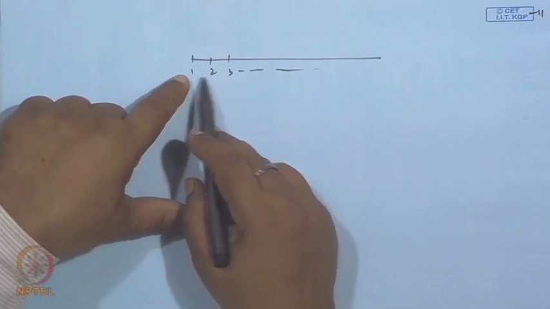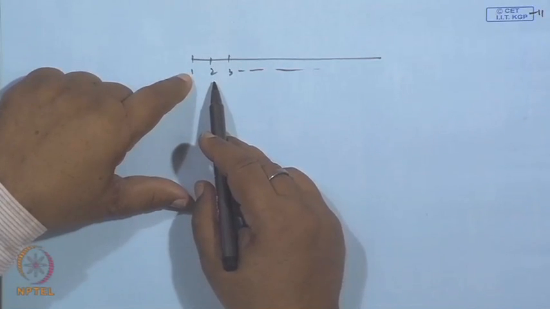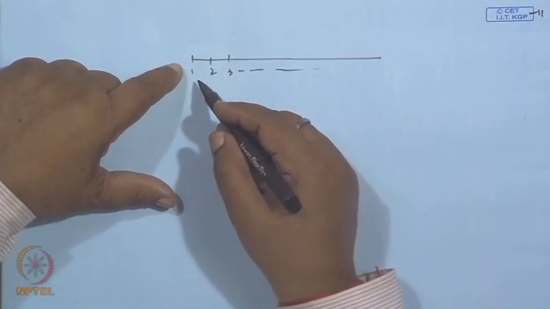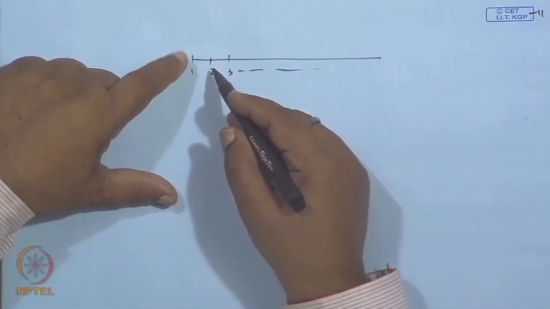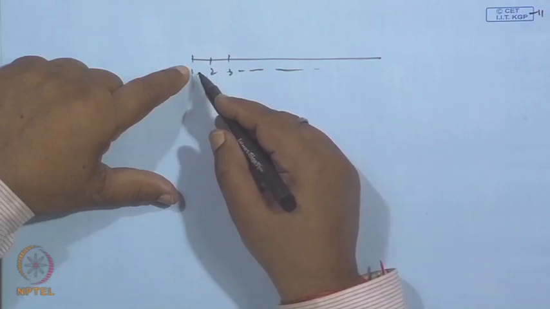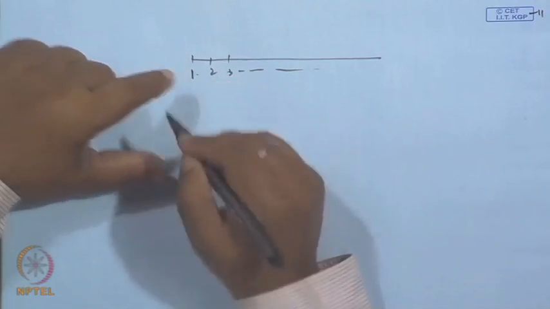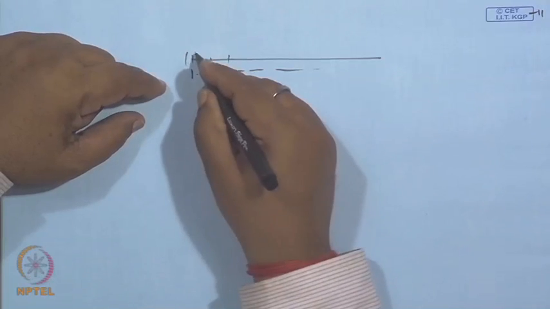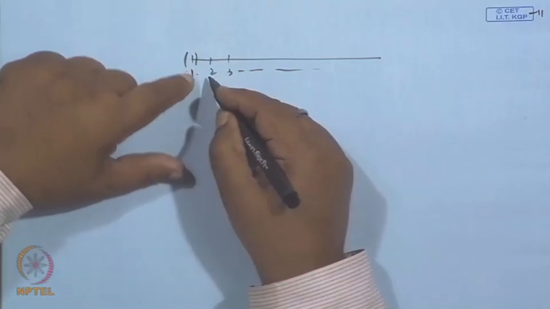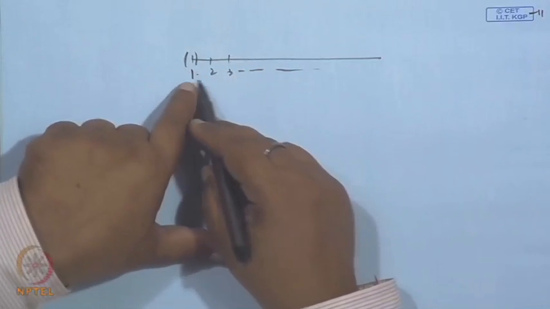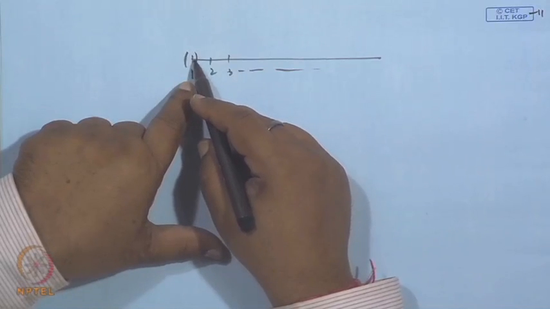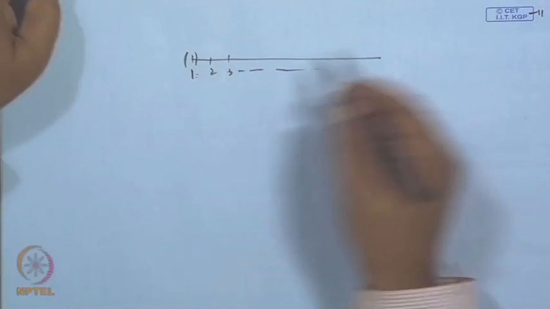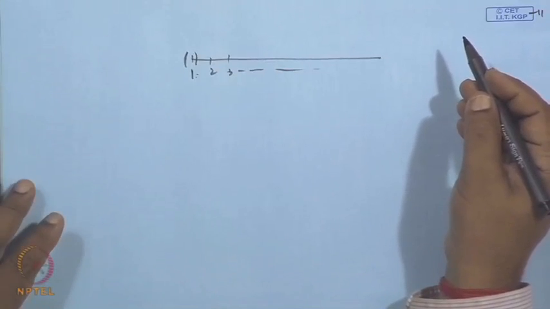We cannot get any neighborhood around a point which contains a point of the set other than that point. Suppose I take 1 and say 1 is the cluster point; if I draw a neighborhood around it, this neighborhood does not contain a point of the set other than 1, because basically no point is available. So 1 cannot be a cluster point. Similarly 2, 3. So this infinite set has no cluster point.